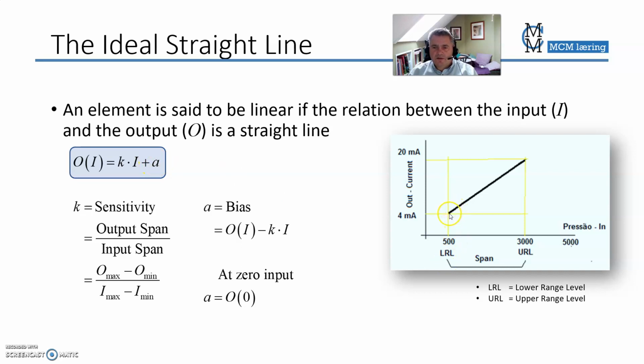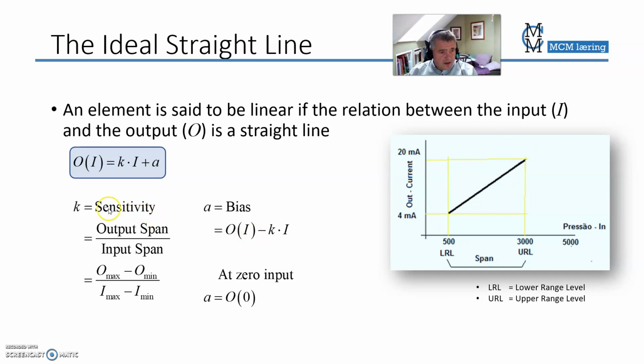If we take this line and extend it a bit, it would land about here. That is where you find your A, the crossing point between the zero input and the y-axis. If A increases, the whole line would lift upwards in parallel.